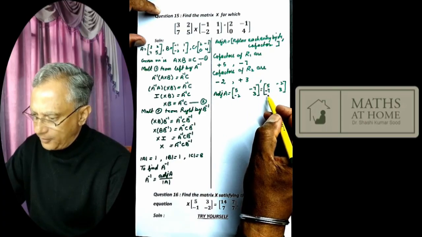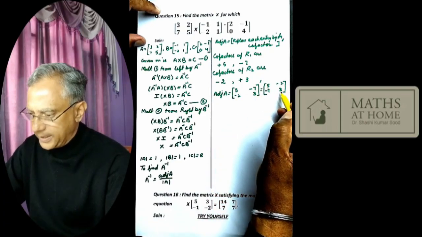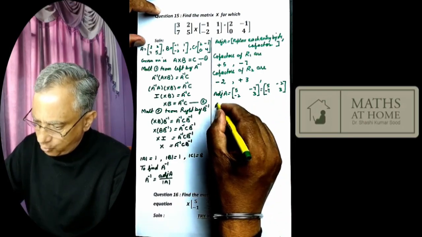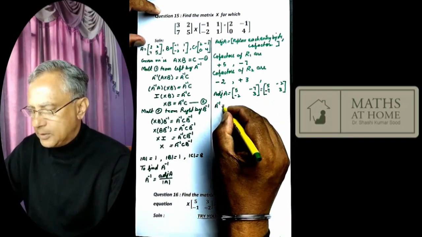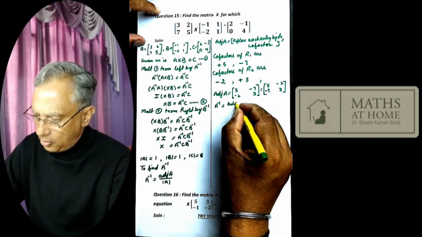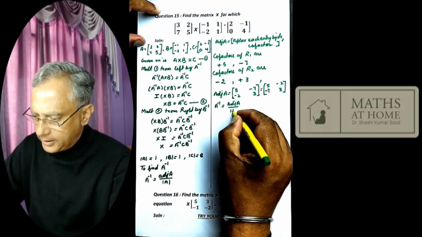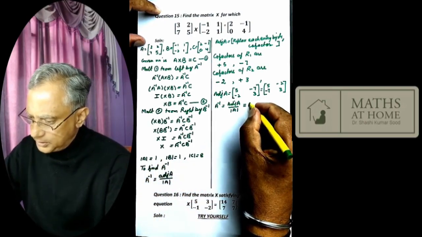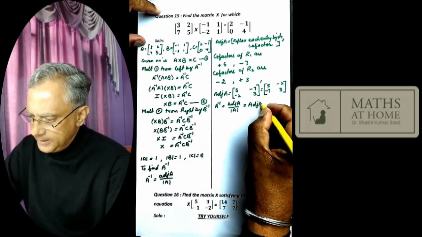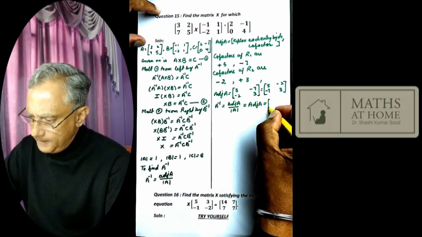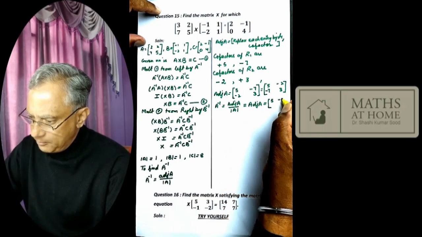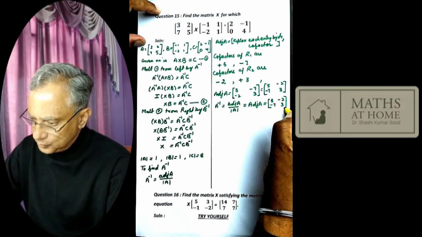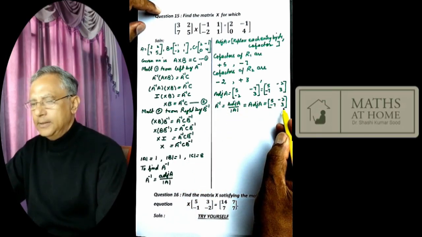This row will become first column, second row will become second column. So adjoint of A is equal to this, and therefore A inverse is equal to adjoint of A over determinant of A. But determinant of A is 1, so this is equal to adjoint of A. So this is equal to 5 minus 2 minus 7 3. So A inverse is this much.